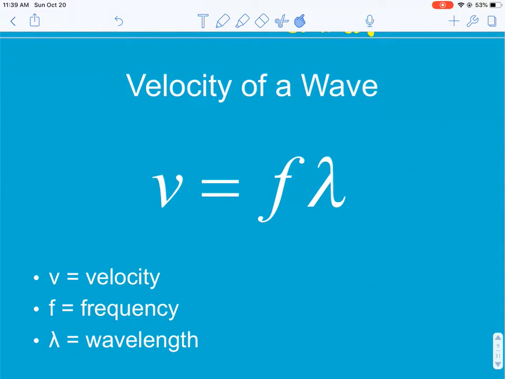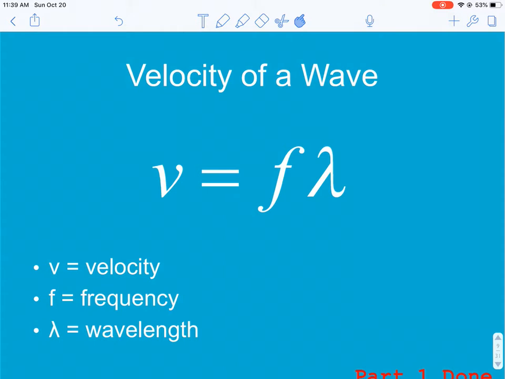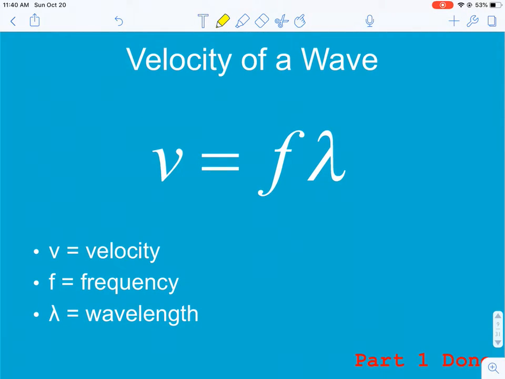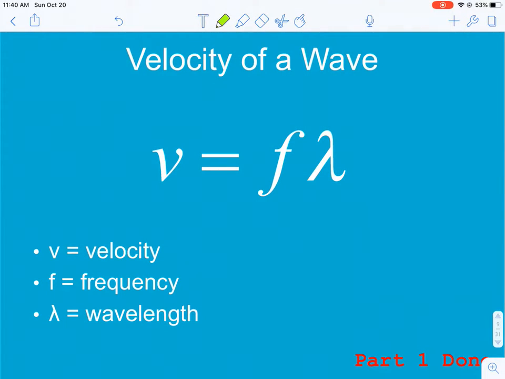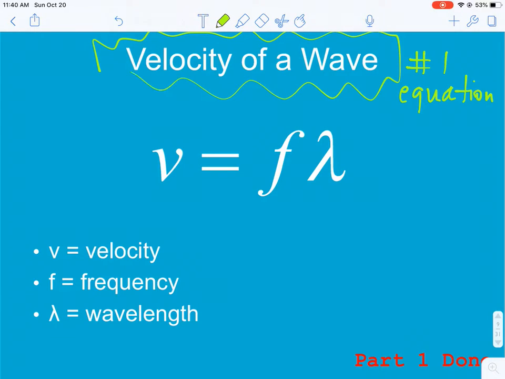Now, the last equation that we're going to look at is relating this frequency idea to wavelength and finally to velocity of a wave. This is the number 1 equation of the unit. So it should get some extra attention, some squiggles, some exclamations, some marks.